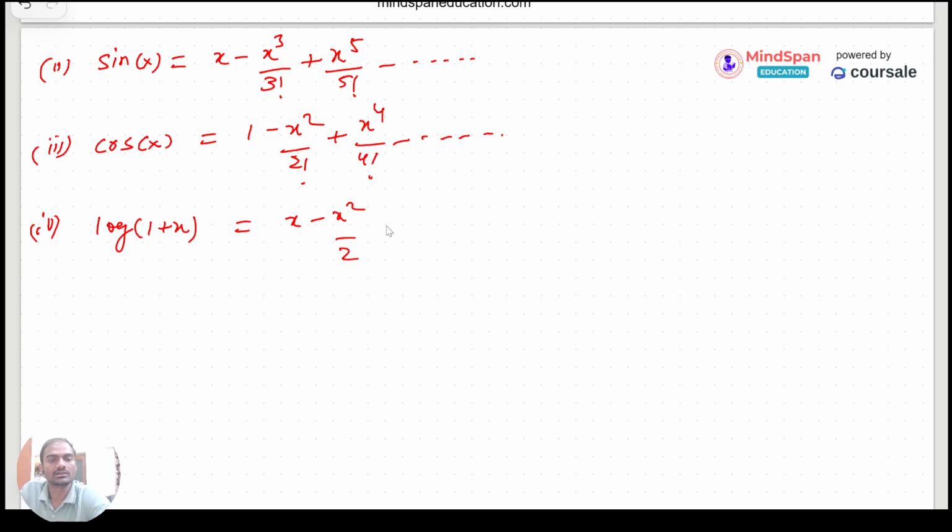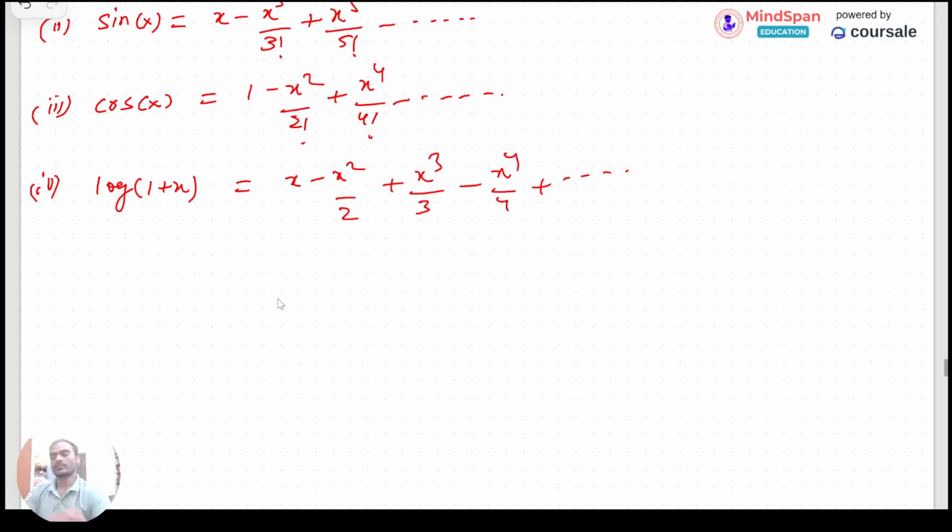If you calculate the exact derivatives, you will get this, x3 by 3 minus x4 by 4 plus other terms. All these things we get using those derivatives of the Taylor series, how we exactly derived. Okay.